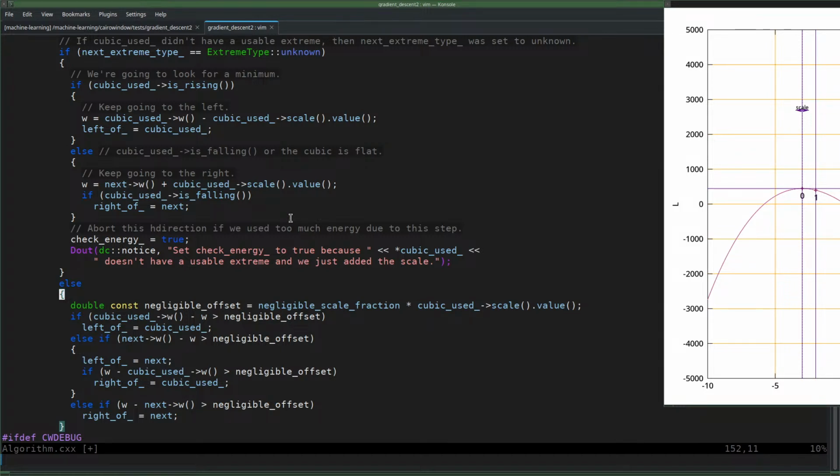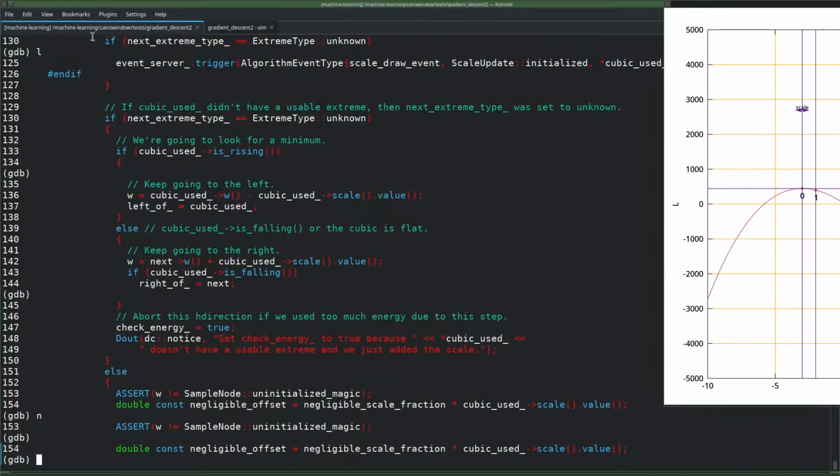Well, I won't save it yet, otherwise maybe debugger doesn't print the right source files lines anymore.